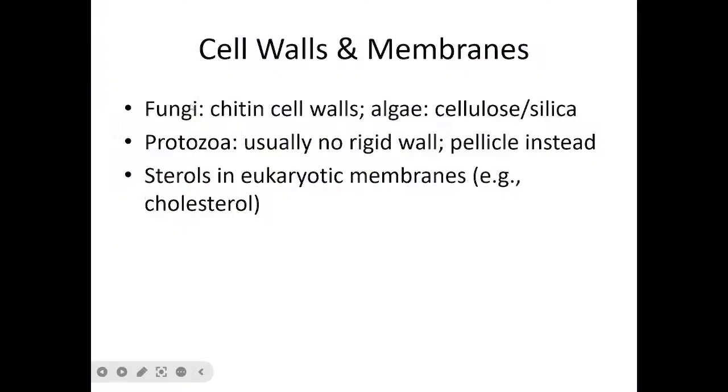Just like I said, the cell wall of the eukaryotic cell in fungi is made up of chitin. Like what we have in prokaryotic organisms, what classified them into gram positive or gram negative is based on the cell wall. Here, theirs is not made of peptidoglycan, it is made up of chitin in fungi. The cell wall in algae is made up of cellulose or silica.